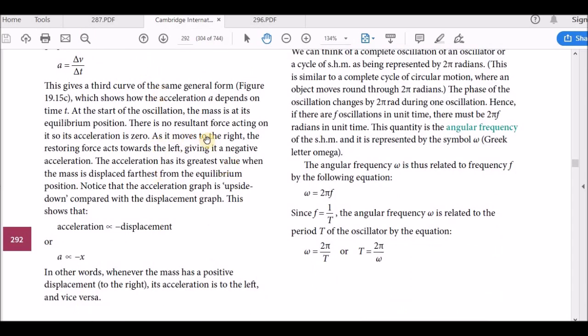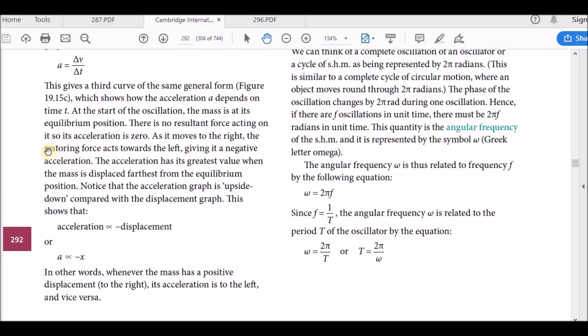Alright, then as it moves to the right, the restoring force, you know that the restoring force is always directed to the center. It is the resultant force on the mass, on the trolley. It is directed towards the center or middle of the oscillation, towards the equilibrium position. Okay, it's called restoring force because it tries to bring it to the equilibrium position.